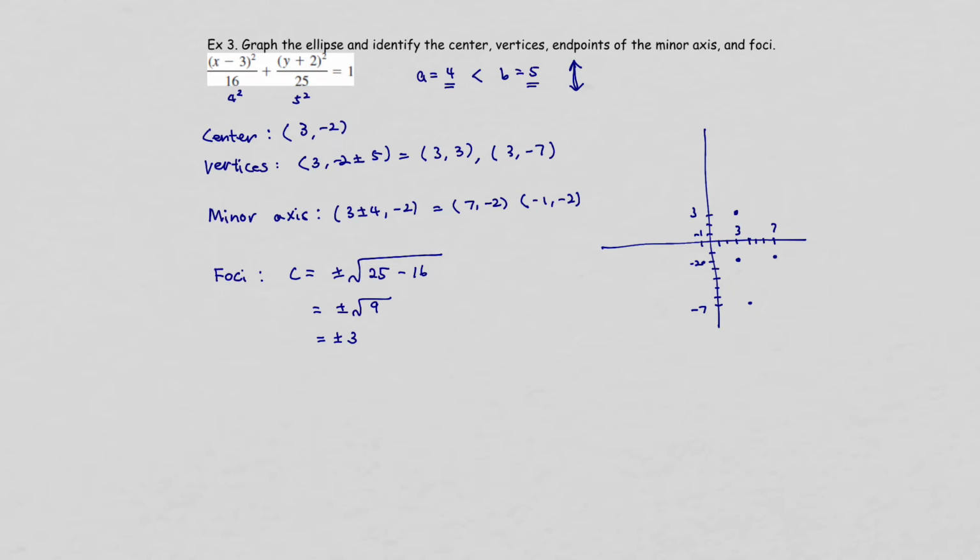So it will be somewhere right here. And draw the ellipse. And your focus points are going to be 3 and 1, and 3 and -5.